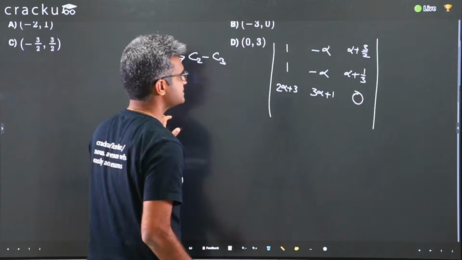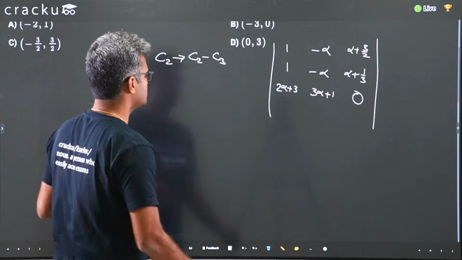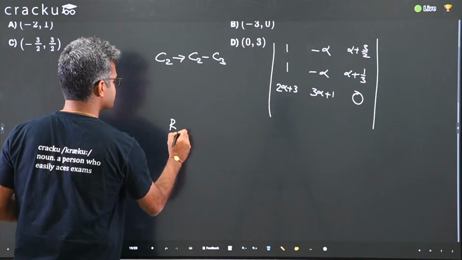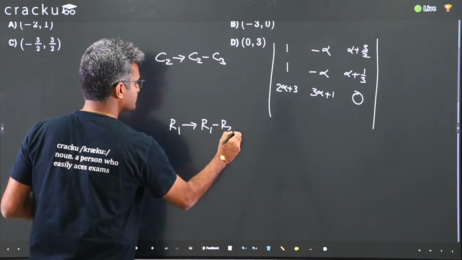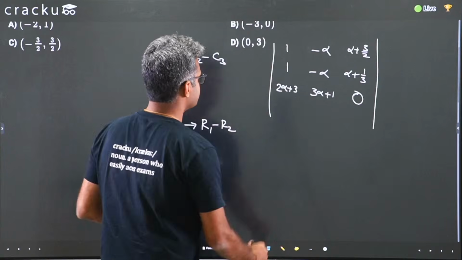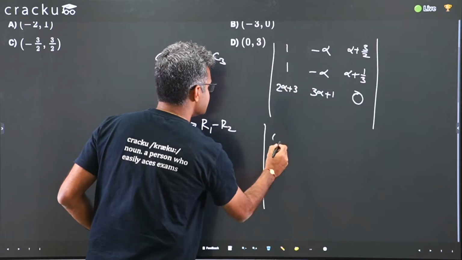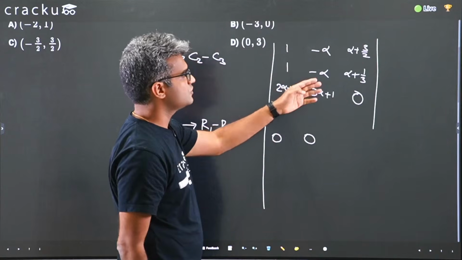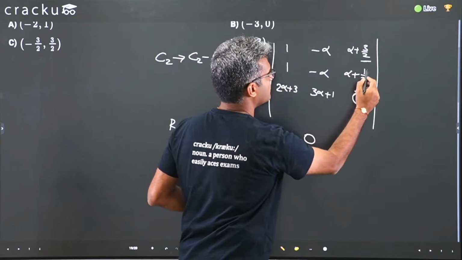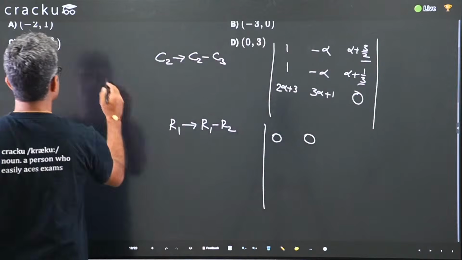Now, if you are subtracting the second row from the first row, if you are replacing the first row with first row minus second row, you will notice that the first two numbers will become 0 and 0. The third number will become 3 by 2 minus 1 by 3. What is 3 by 2 minus 1 by 3?